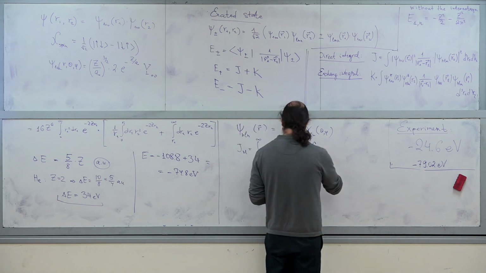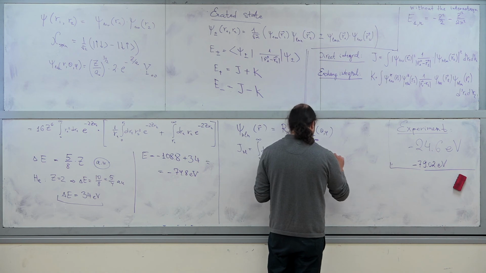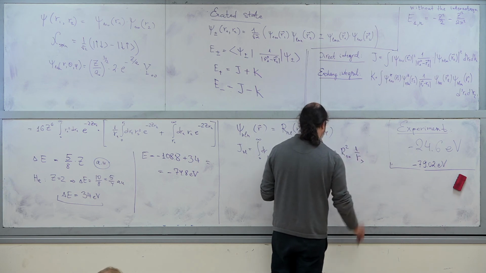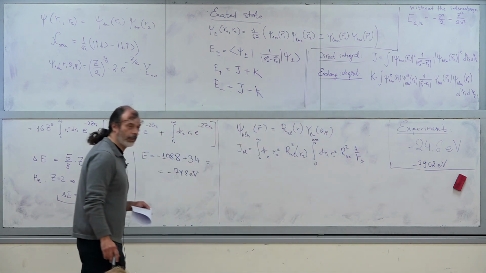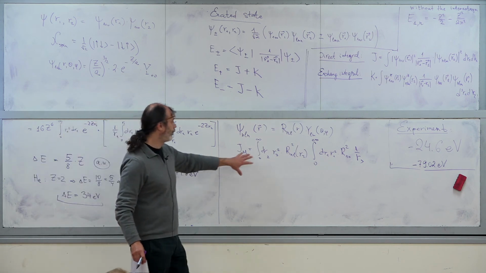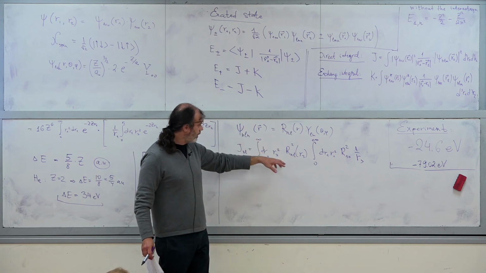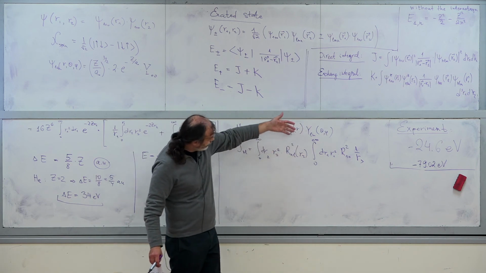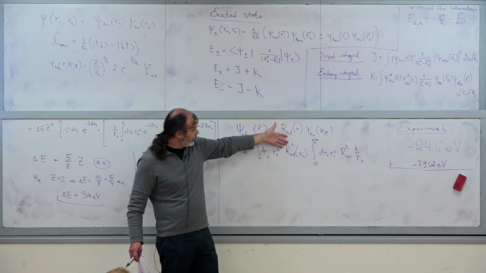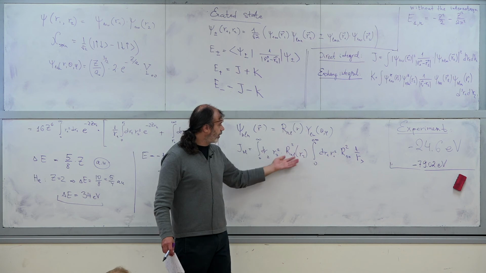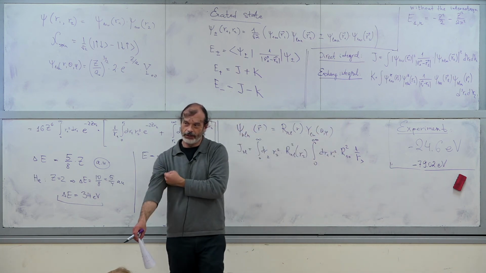Then you go from 0 to infinity, and then R1 squared multiplied by R10 squared, 1 over R large, right? So that's the direct integral. It is essentially the same as we saw for the ground state energy. The difference is that here you take a different orbital. If you take the ground state orbital, you get exactly the same integral that we calculated before.